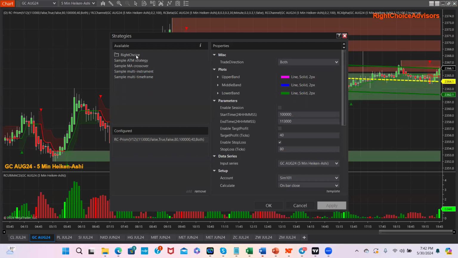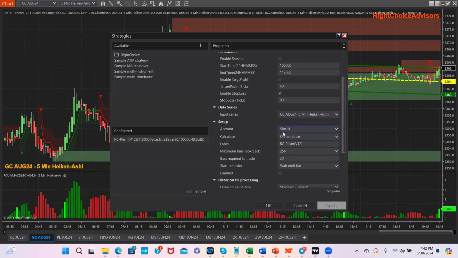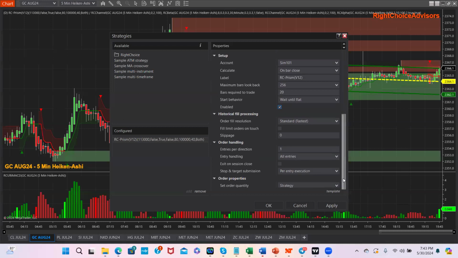One of our strategies is the Prism strategy. And you can do either short only, long only, or both directions. Initially you set it up in the sim account. Instead of directly taking the trades on your PA or EA accounts, you can set it up on the sim account and just apply.